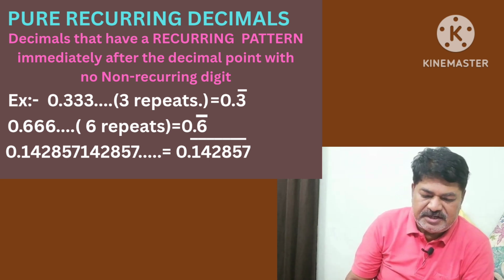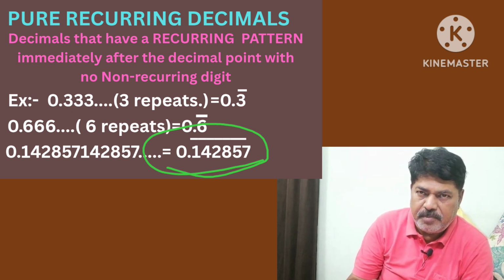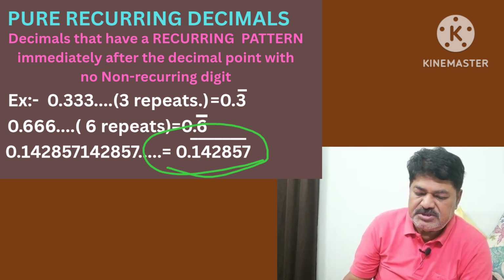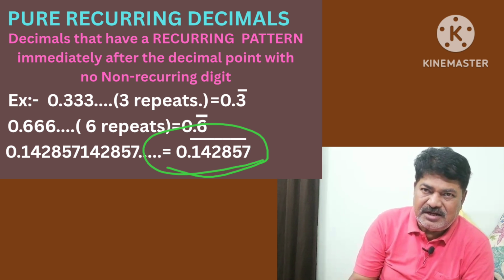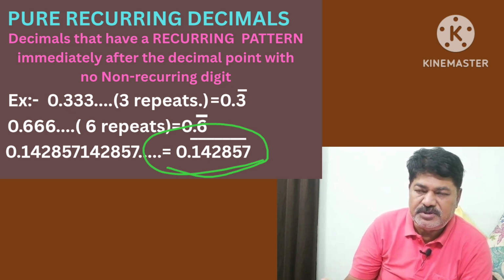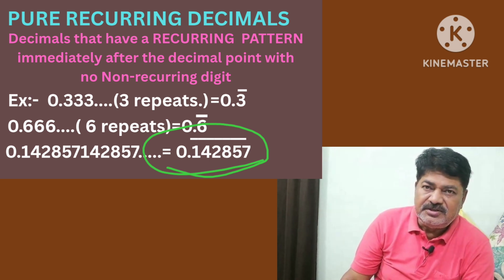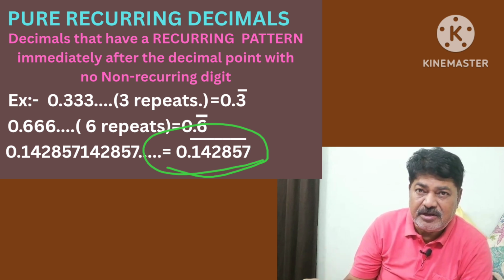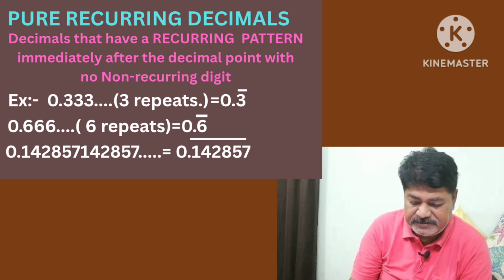So this will be written as 0.142857 bar. So this is pure recurring decimal. So I think it is clear. In pure recurring decimal, after decimal point, whatever digits are there, each and every digit is repeating or the pattern is repeating.